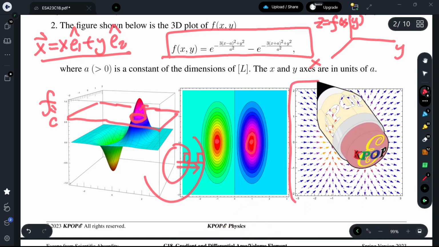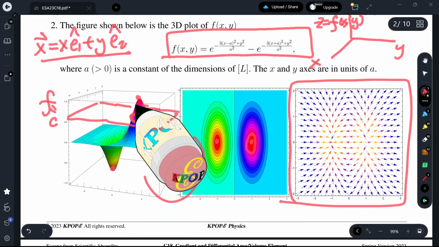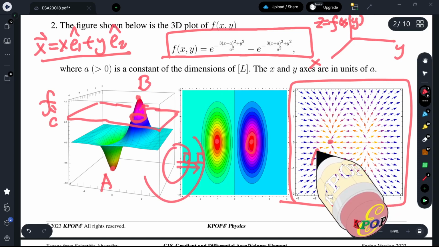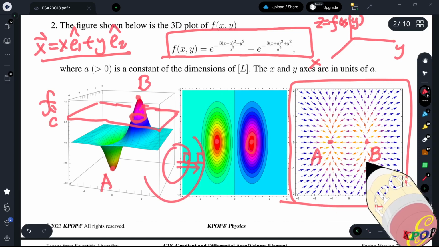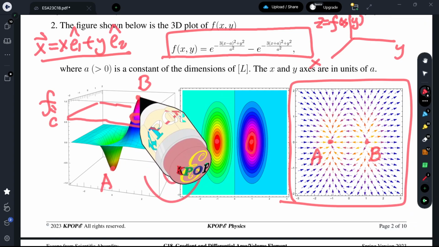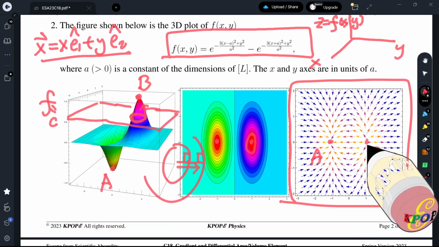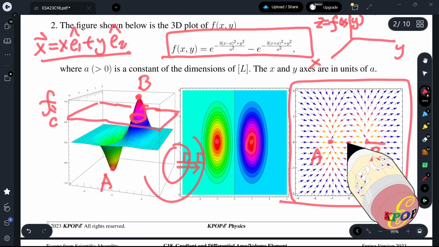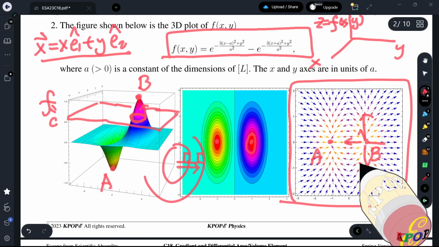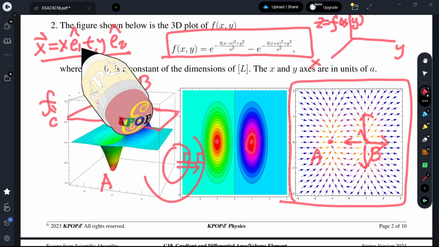The direction of maximally increasing this function is the steepest path that is perpendicular to this contour. Near here, the function increases in the steepest way, and the other way, the slope decreases in the steepest way. What is this figure? These 2 points, let us call A and B. We know this function decreases as we go far away from this point B, but this arrow shows the direction of a decreasing function of f.